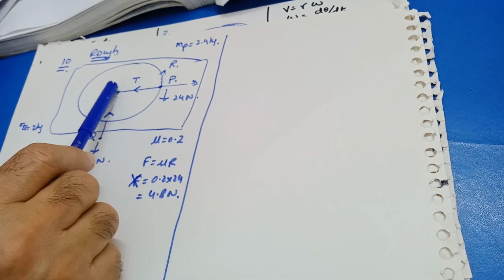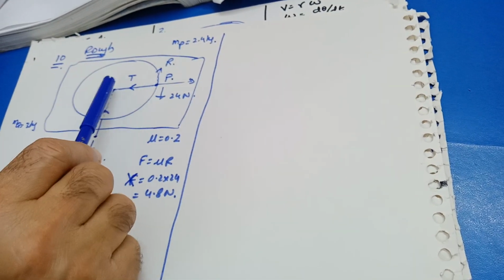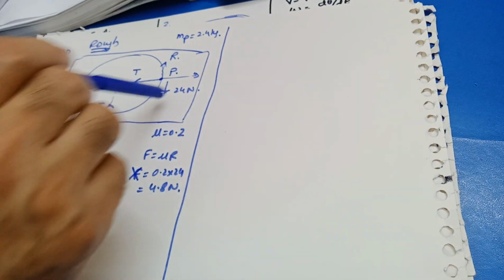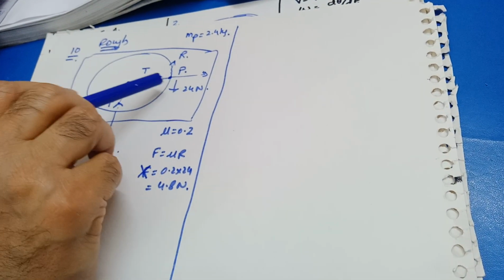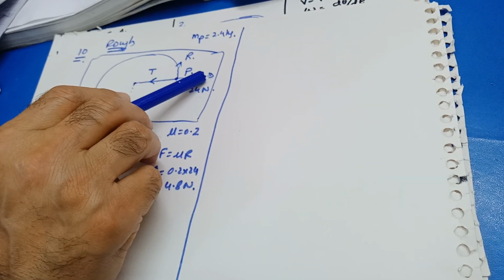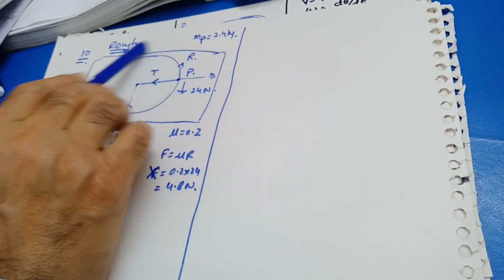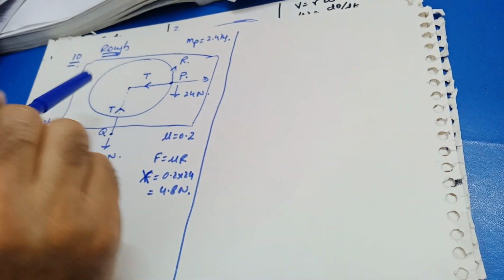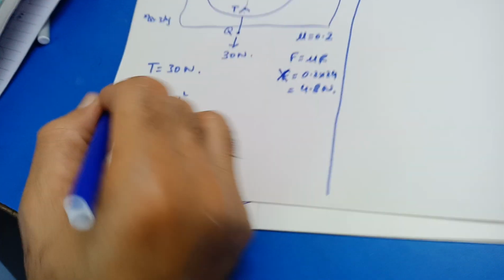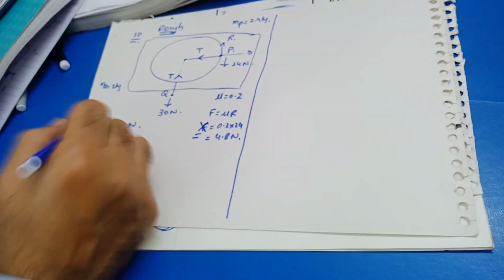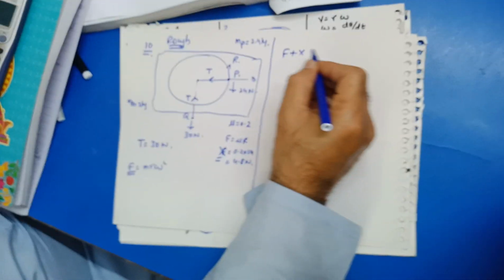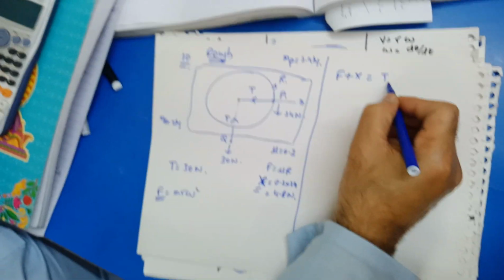When this would happen, that force due to its acceleration will try to work with the resisting force so that this remains in this circular path. So for that case, this F and this X would be equal to this T. F plus X is equal to T.